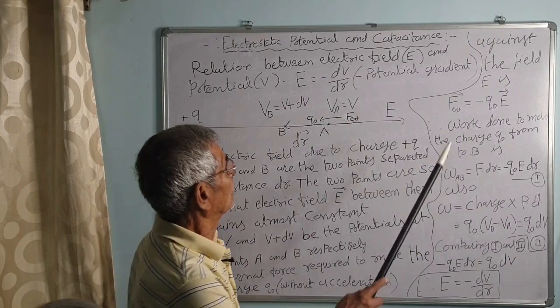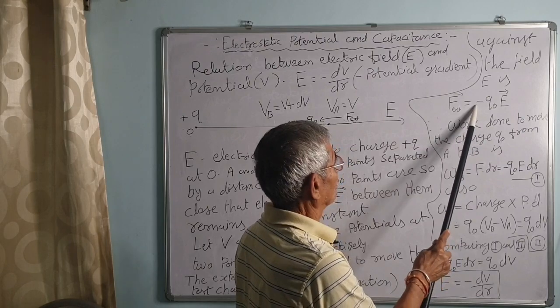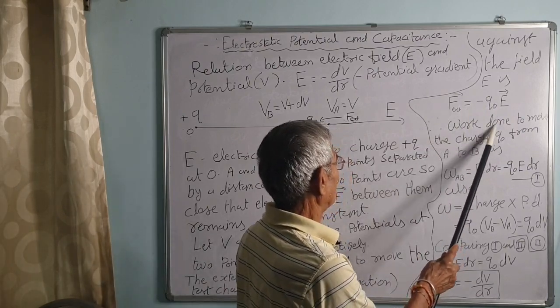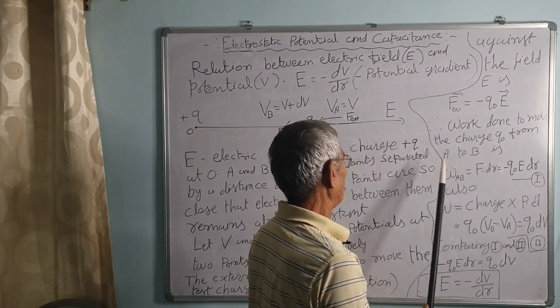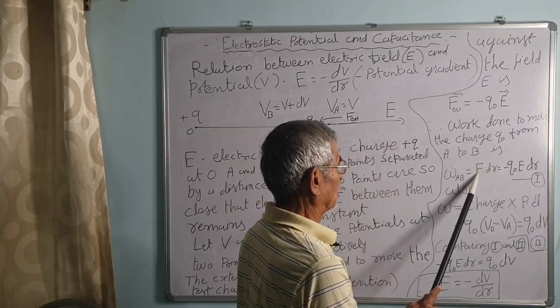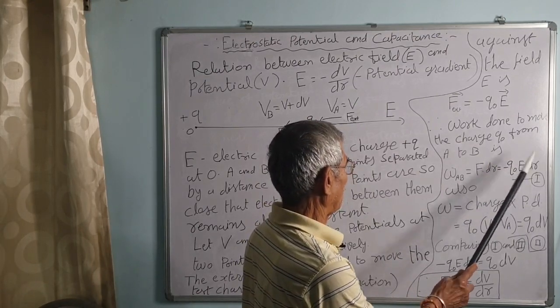F external against the field E is equal to minus Q0 into E. The work done to move the charge Q0 from A to B is therefore force into displacement, that is F dot dr, equal to minus Q0 E dr.